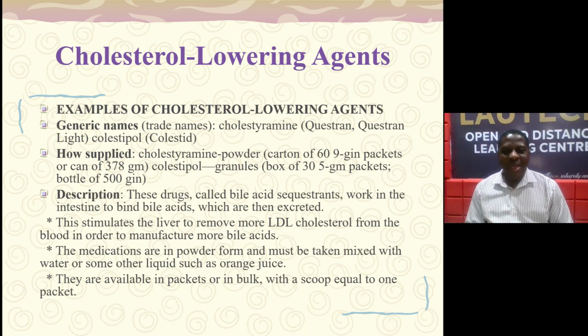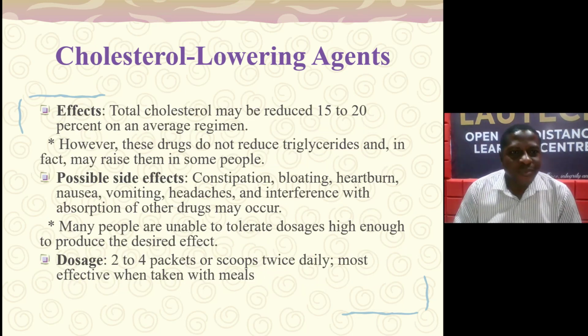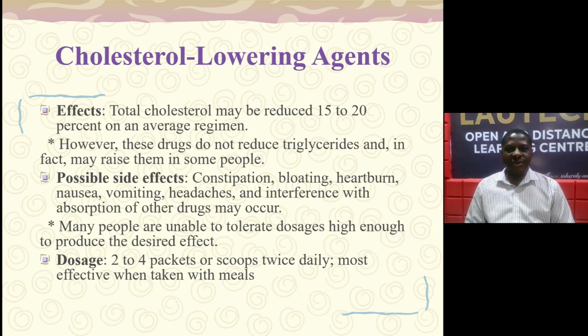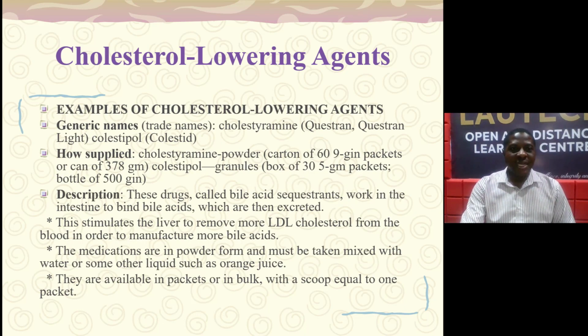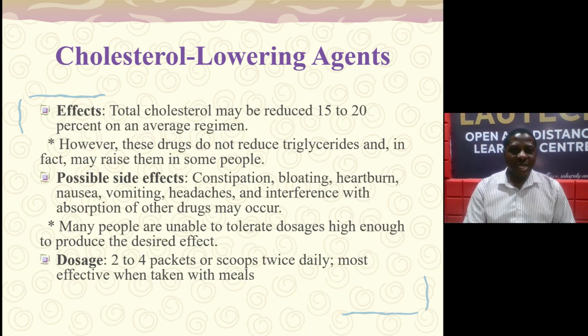The medication is in powder form and must be taken mixed with water or some other liquid such as orange juice. They are available in packets or in bulk with a scoop equal to one packet. These are the first examples, cholestyramine and similar drugs.